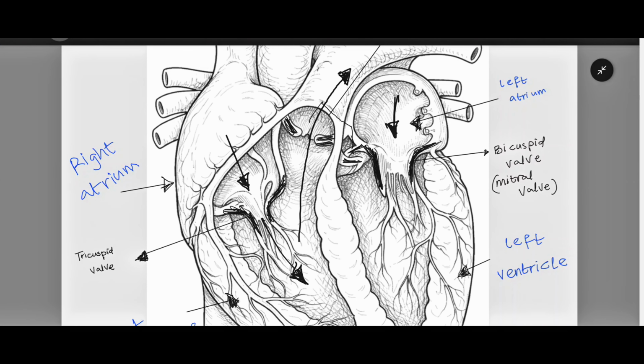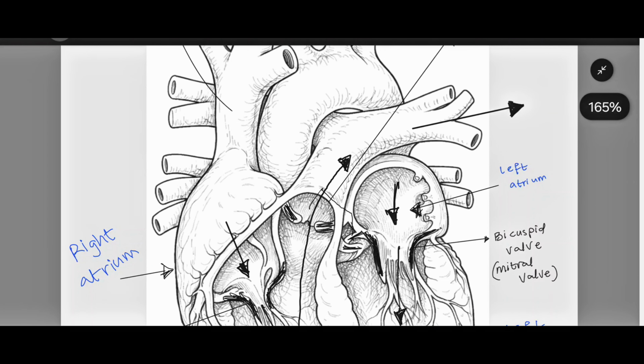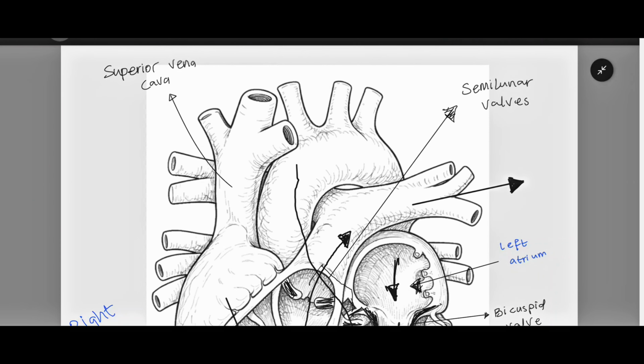Then from the left atrium it goes down into the left ventricle, going past the bicuspid or mitral valve, and then from the left ventricle it leaves the heart, going past the semilunar valve, and it exits the heart through this massive artery called the aorta, which is the biggest artery.